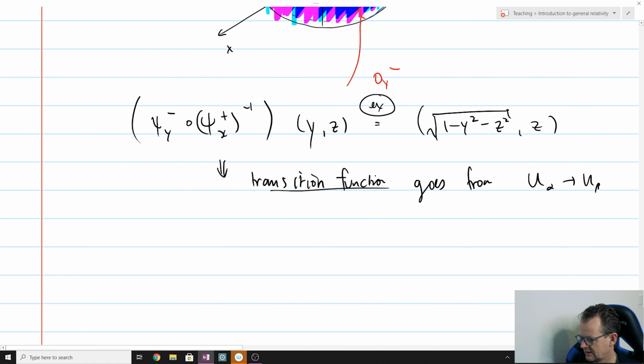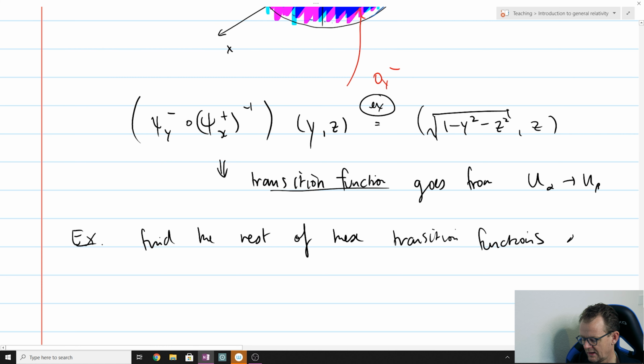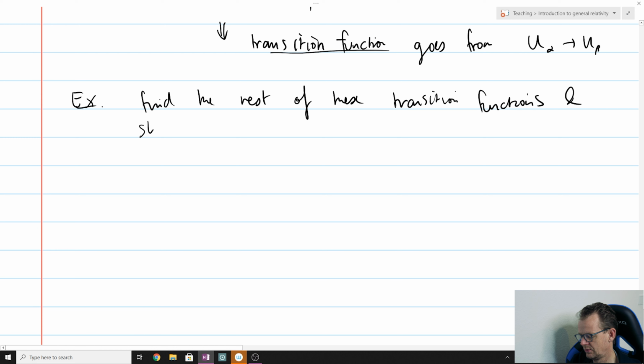And indeed it's an exercise to find the rest of these transition functions and show they are all C infinity smooth functions.